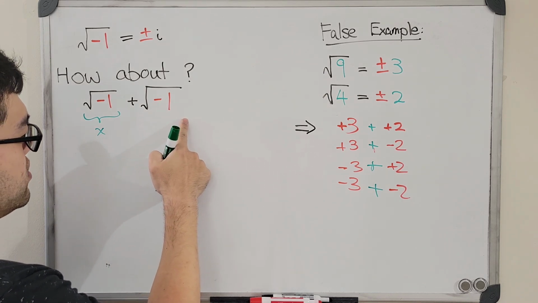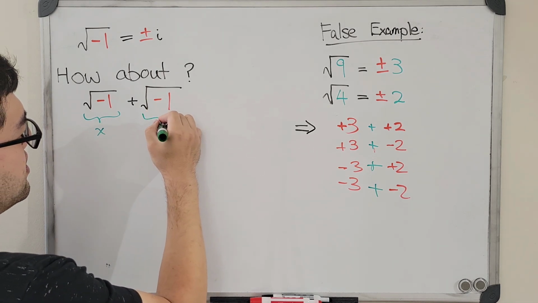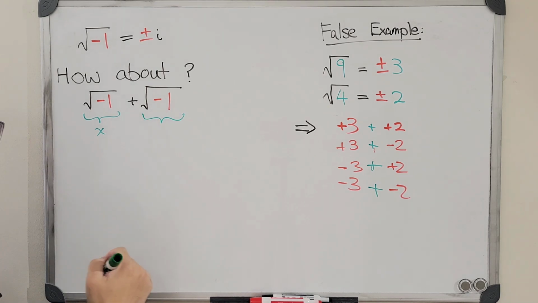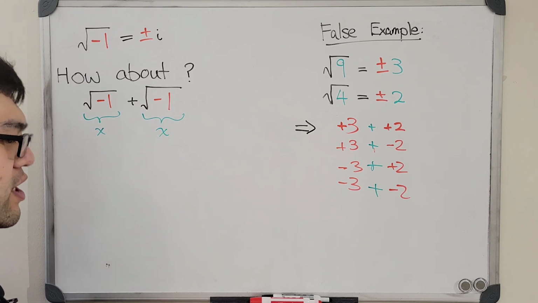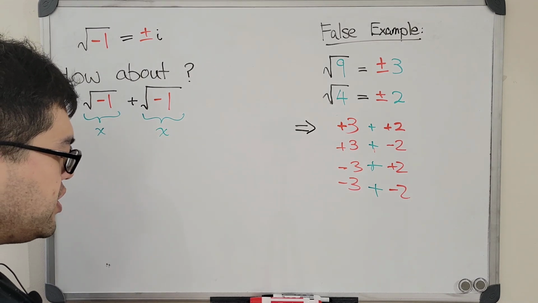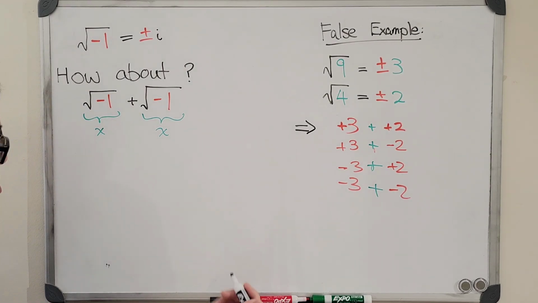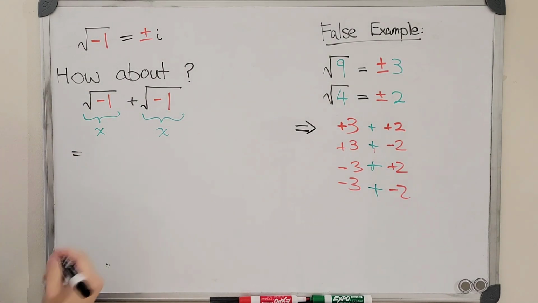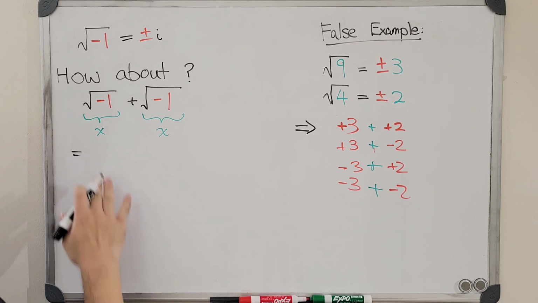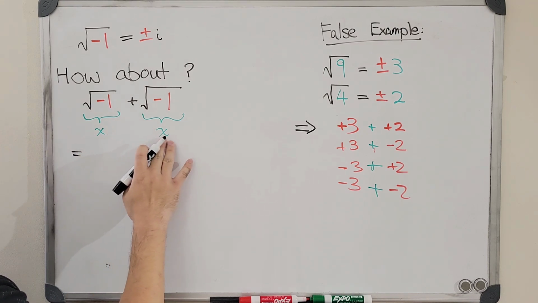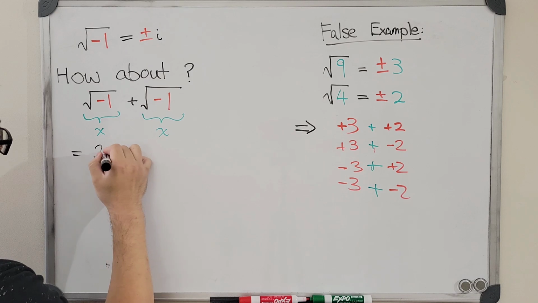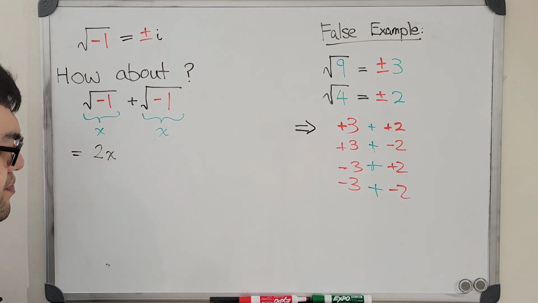And the second term is the same expression, so we can also express it as x, meaning we just have x plus x, and by basic algebra, if we add x with another x, we just have 2 copies of x.